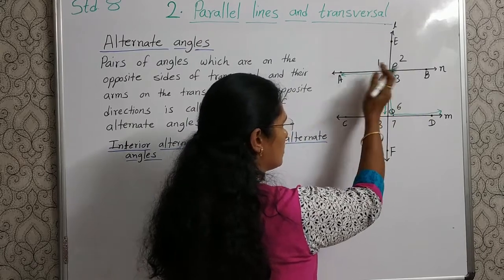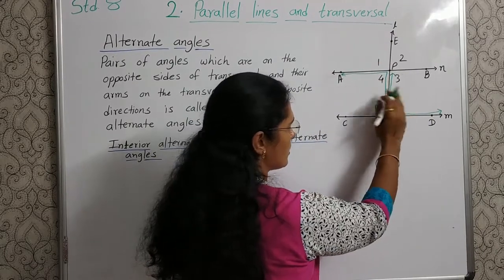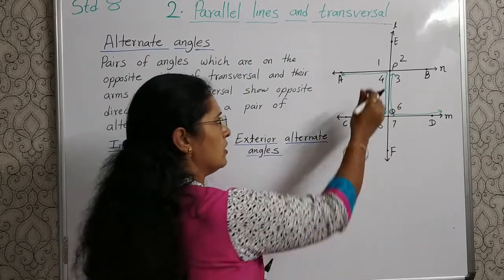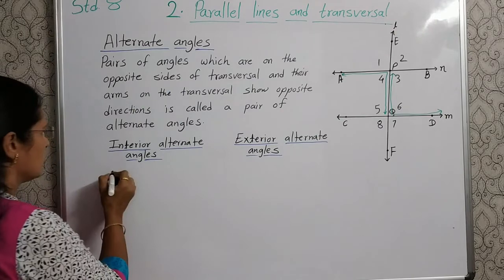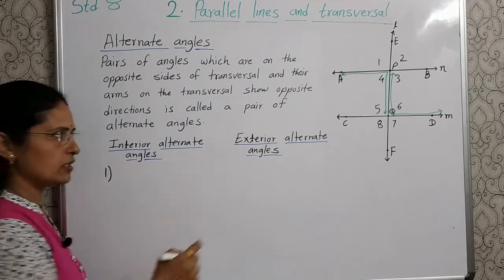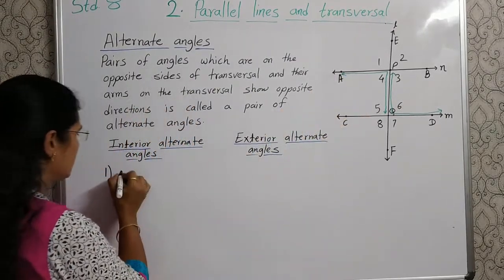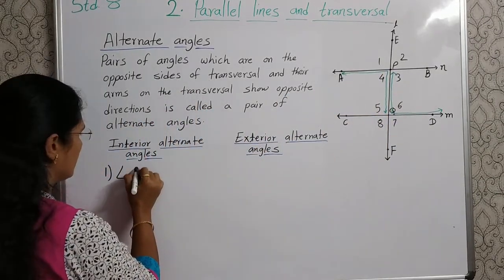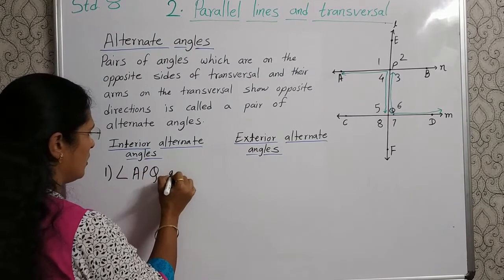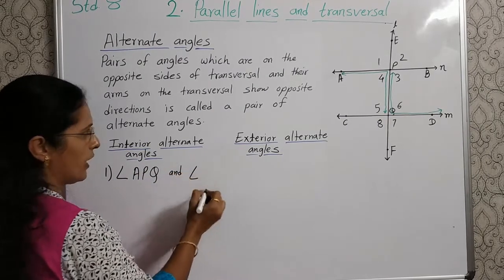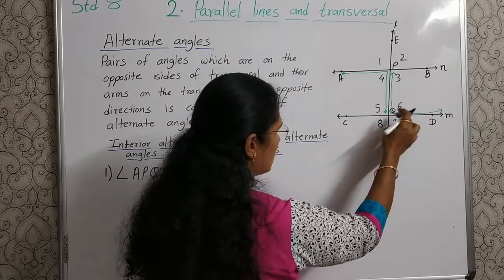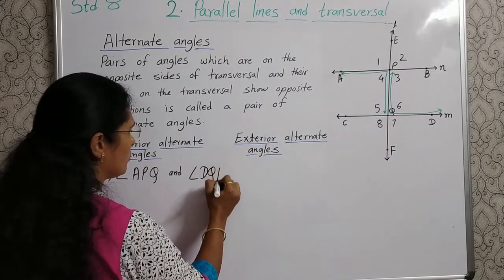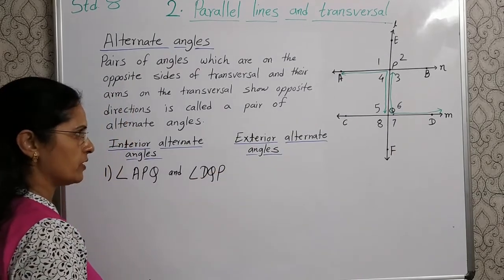Angle 4 is on the left side of the transversal, angle 6 is on the right side. So these two angles are interior alternate angles. The first pair of interior alternate angles is angle APQ and angle DQP.